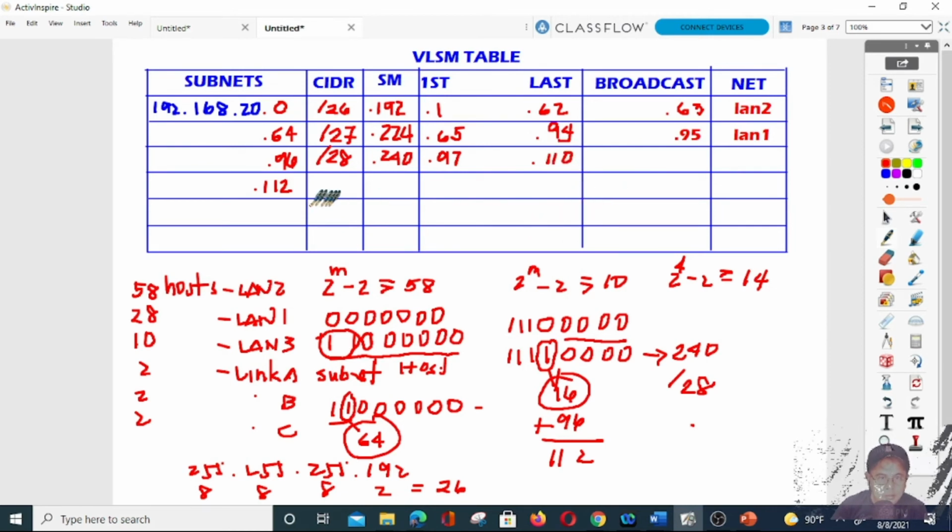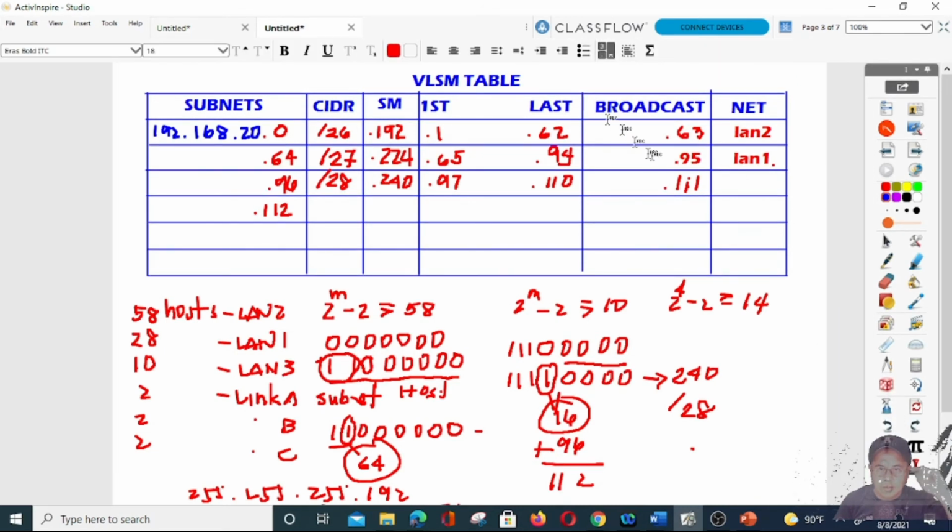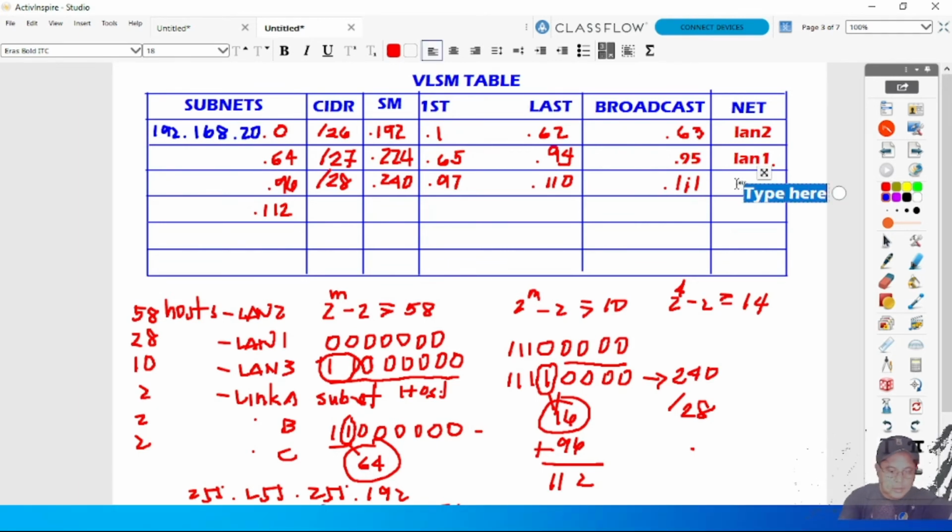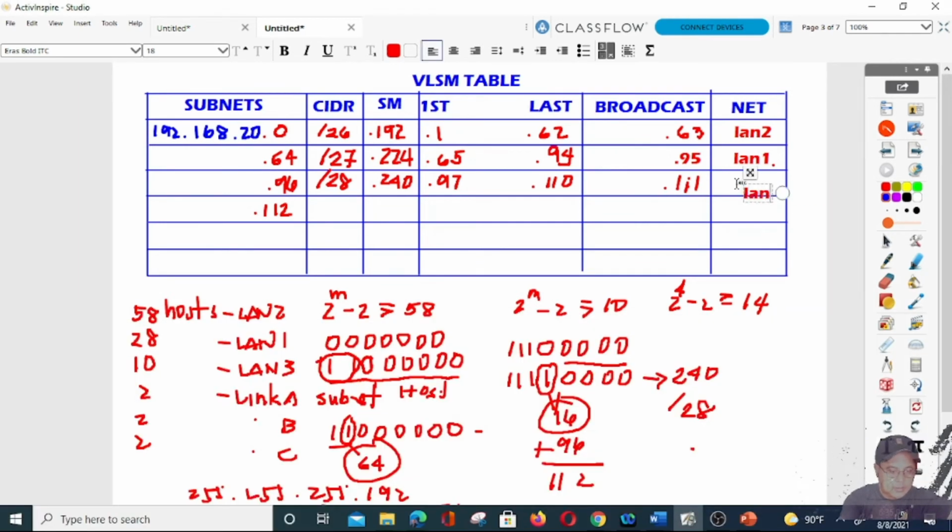And then before 112, that is the broadcast, this is 111. And this is for LAN 3.